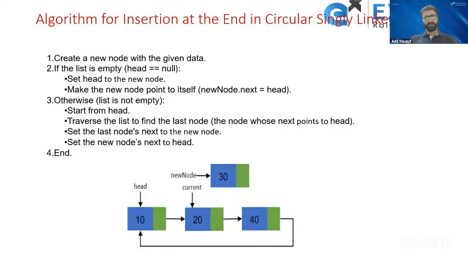Simple. I will give a very basic definition. Means the last node's next is pointing to the head, isn't it? Like if we see the example here, the last node's next is pointing to this head. So this becomes the circular linked list, right?